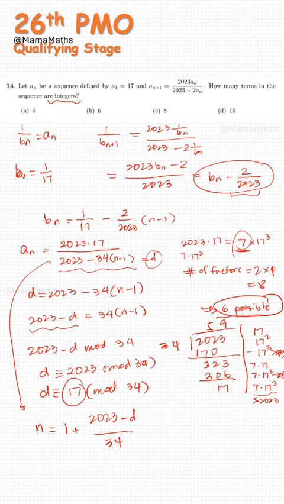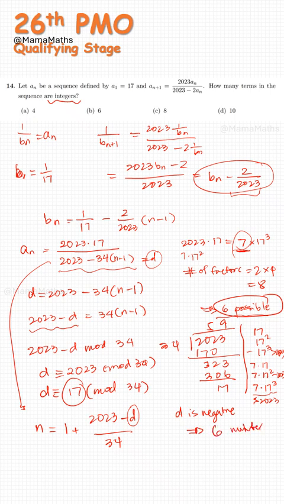So if D is greater than 2023, since these are integers, it will give us a positive n. So all 6 will be included if D is negative. There are 6 numbers.